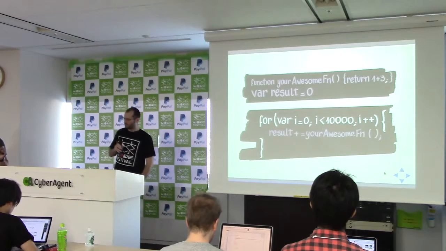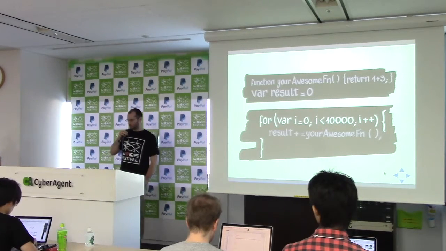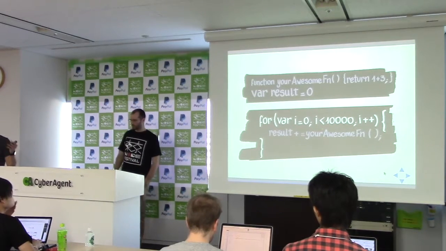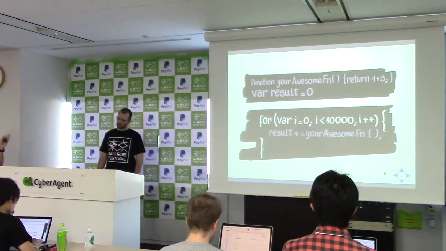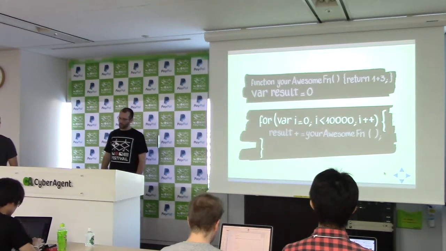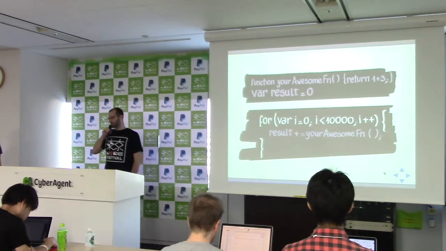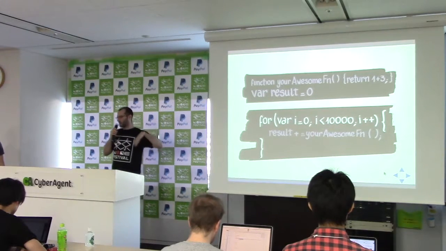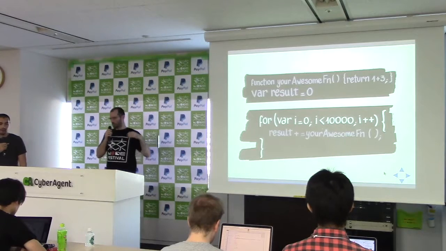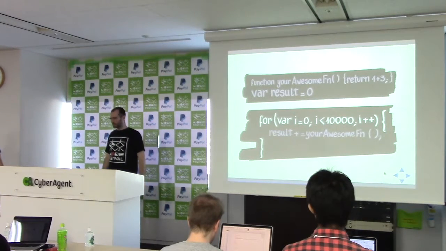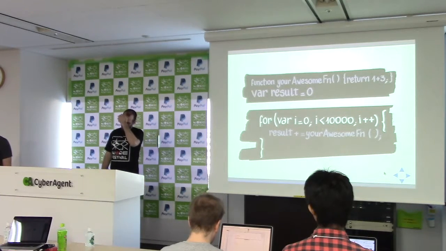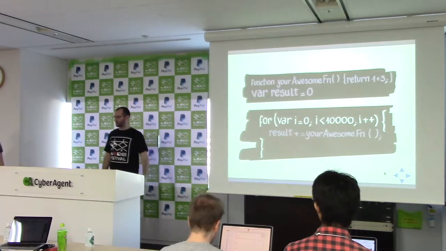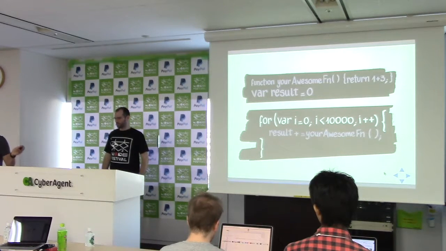Let's say you have a for loop, again a simple loop with a function call inside the body. Now, if some conditions apply for the function, the engine will grab its body and paste it directly inside the loop.